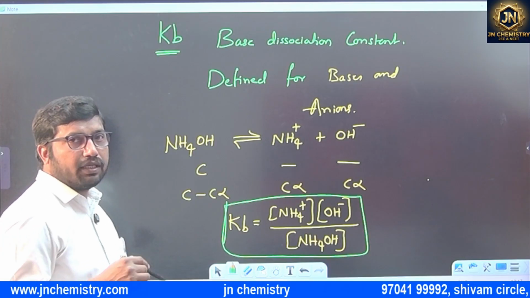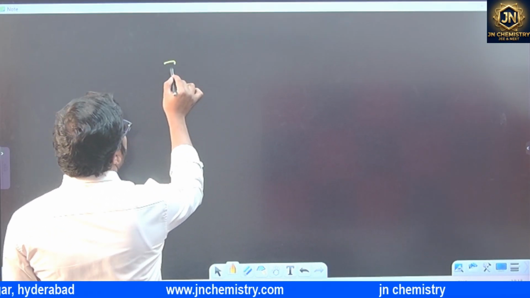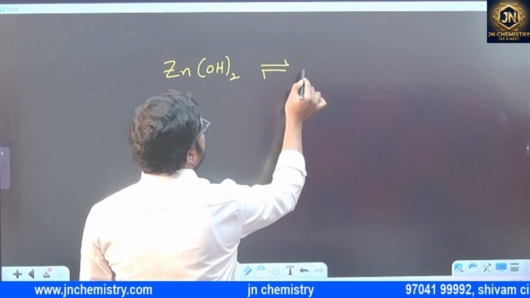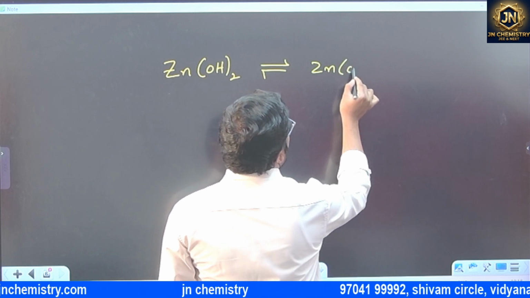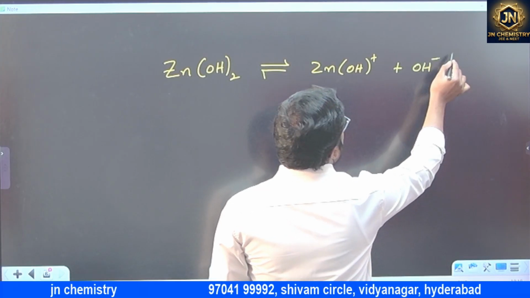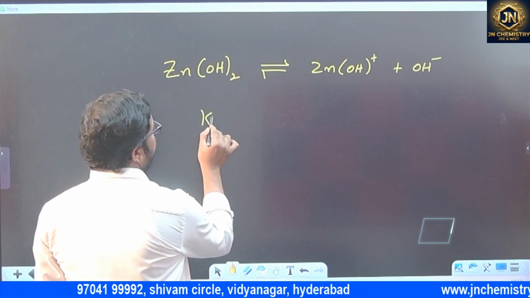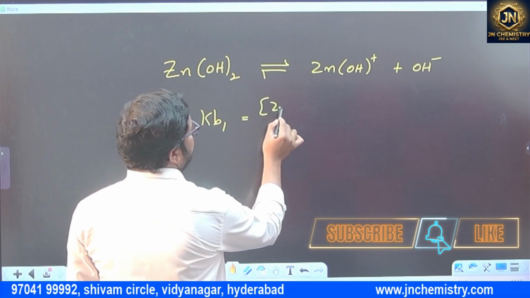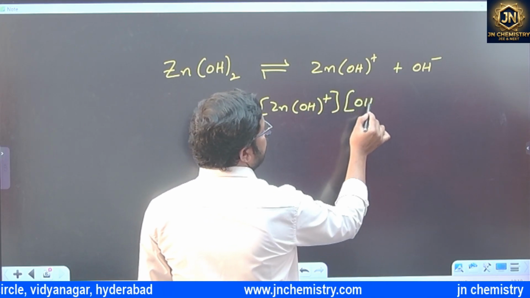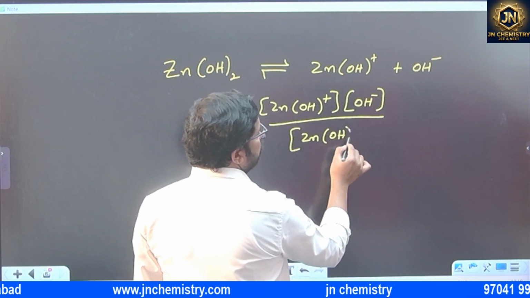Like Ka1 greater than Ka2, Kb2 is also there, like this. Zn(OH)2 gives rise to ZnOH plus and OH minus. Kb1, directly I am writing, is ZnOH plus times OH minus, divided by Zn(OH)2.